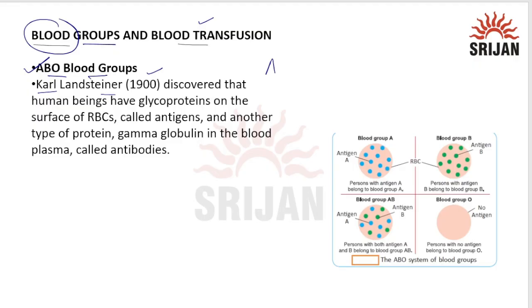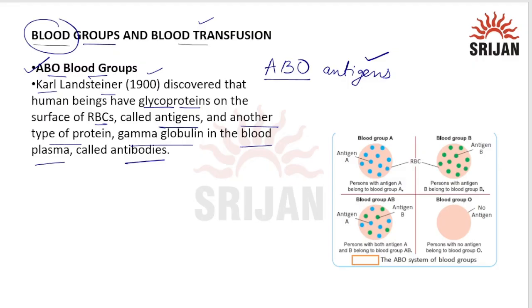ABO blood grouping is based on the antigens. Antigens are basically glycoproteins, and these antigens are present on the surface of RBC. Therefore, it is written here that Carl Landsteiner discovered that human beings have glycoproteins on the surface of RBCs called antigens, and another type of protein, gamma globulin, in the blood plasma called antibodies.